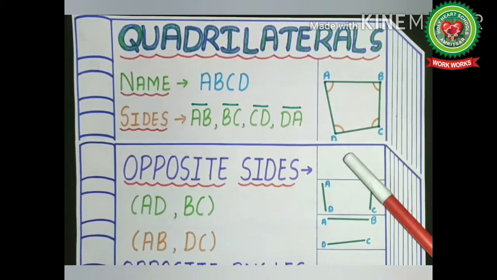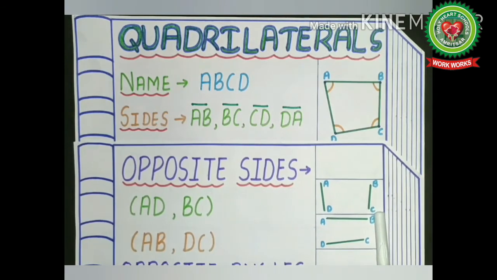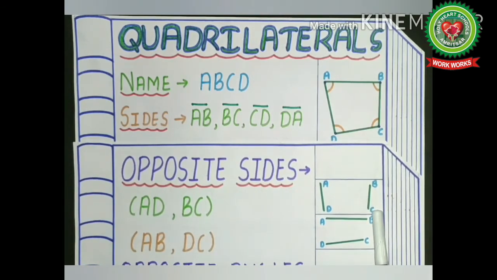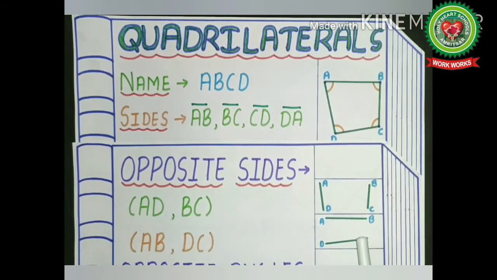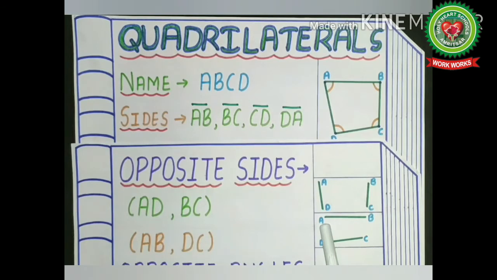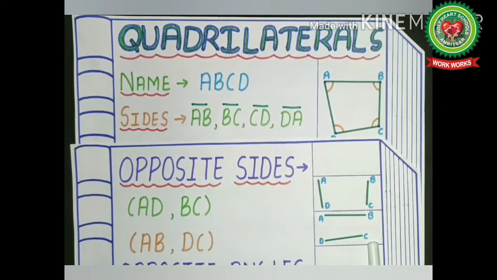First pair of opposite sides AD, BC. These sides have no common endpoint. Second pair AB, DC. This is the second pair of opposite sides.